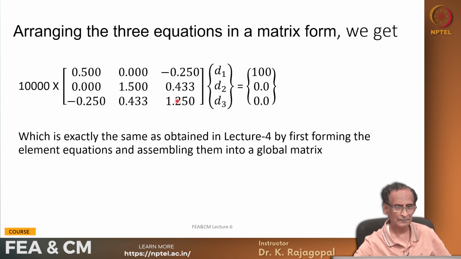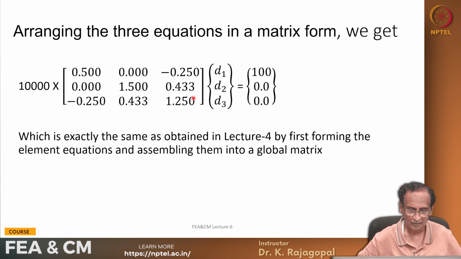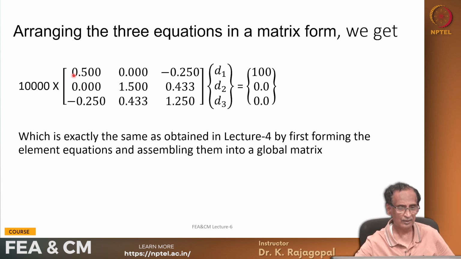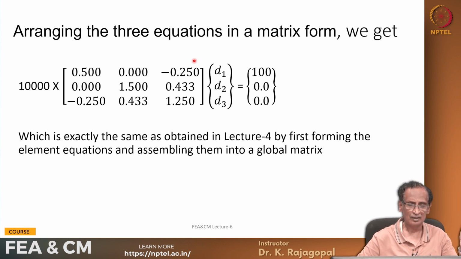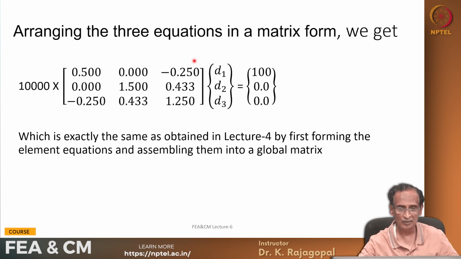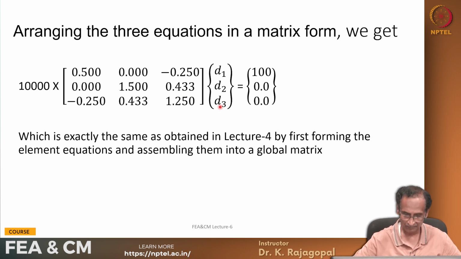Once you get this, the solution is very simple, and in fact this is the same equation that we got earlier in lecture number 4 by deleting rows and columns of 1, 2 and 6, because these 3 degrees of freedom are fixed. By deleting those corresponding rows and columns, we were left with this, and we can invert this matrix and get our d1, d2, d3. That was what was done in lecture 4.